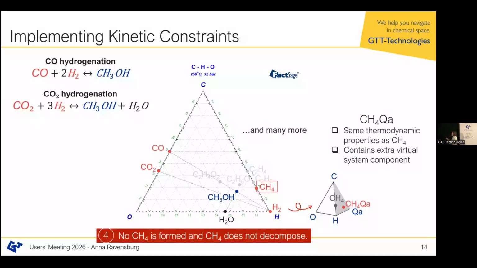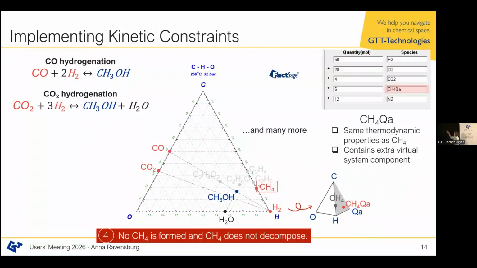With this, I move it away out of this CHO plane, because now it has the exact same thermodynamic properties as CH4, but it contains this virtual system component, so it cannot be formed out of the CHO system alone. And this I can just do by specifying in the input to Equilib the CH4 QA instead of CH4, and then I can also account for this kinetic constraint.